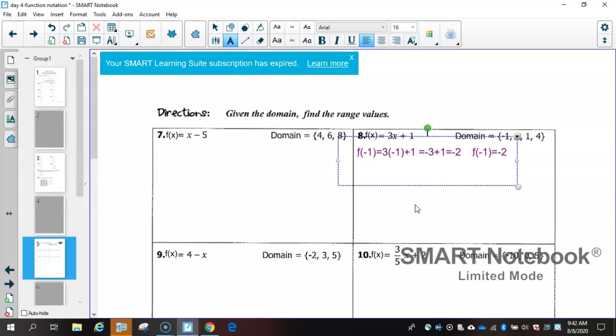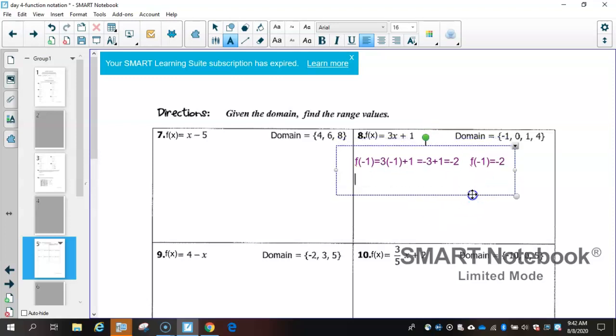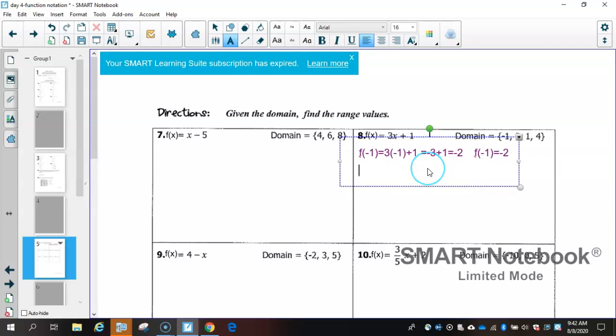Right? Moving on to the next value, I think that was 0. Yes. So f of 0 equals 3 times 0 plus 1. Well, anything times 0 is just 0. And then 0 plus 1 is just 1. So f of 0 is 1. Okay.